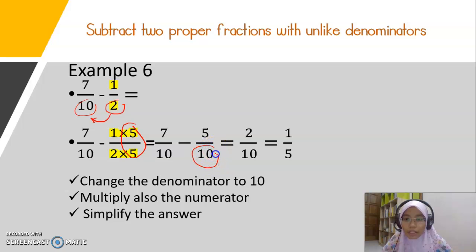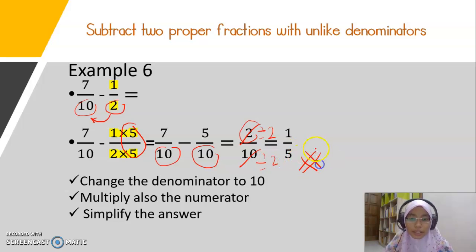When the denominator is same, then we can minus. 7 minus 5 equal 2. 10 we bring out here. And then we simplify. We divide it with 2. 2 divided with 2 equal 1. 10 divided with 2 equal 5. So the final answer is 1 over 5.